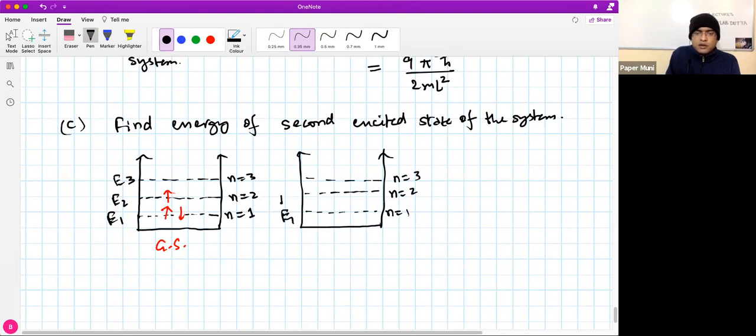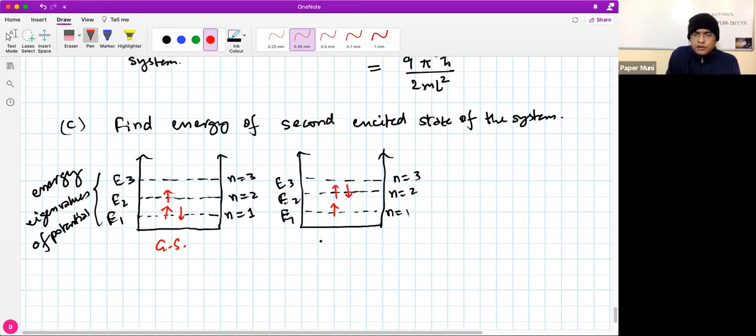Now this is E1, E2, E3. Make sure these are the energy eigenvalues of the potential, not of the system. In the first state configuration, we promoted one electron upward. So this is the first excited state.